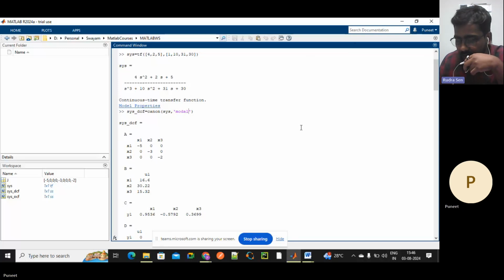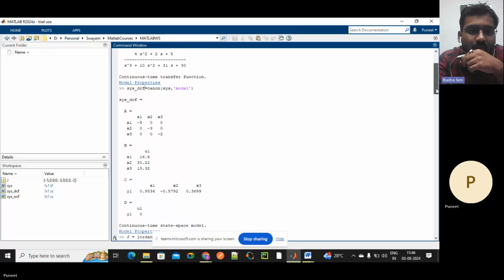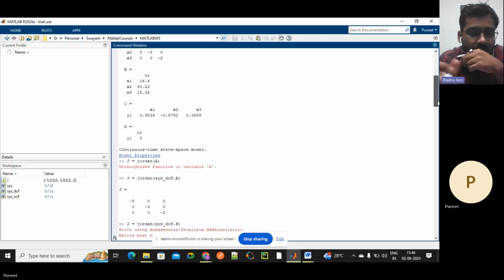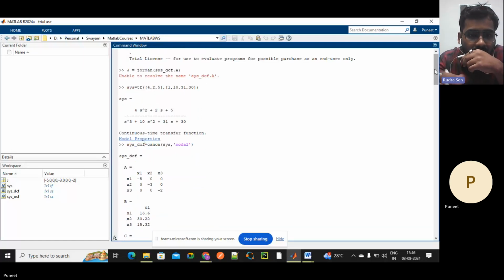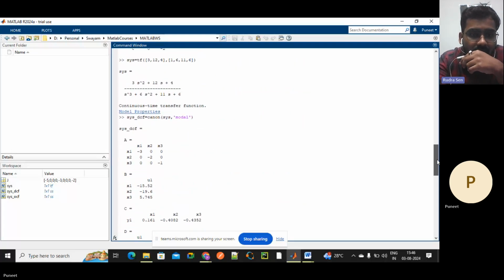What I am basically trying to say is, I don't know if MATLAB can do this controllable canonical form or observable canonical form kind of structure. I have no idea. Give me just one week, because I have to check what this canon function basically does, and what the possibilities are, like what other forms they have instead of this modal.